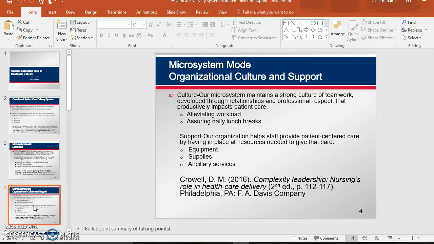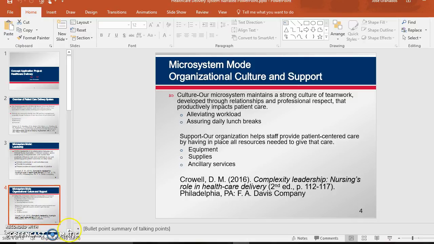Also, our organization helps providing ancillary services such as unit-based pharmacists, physical therapists, nutritionists, just to name a few of the services that are resources that are easily accessible for the nurses.